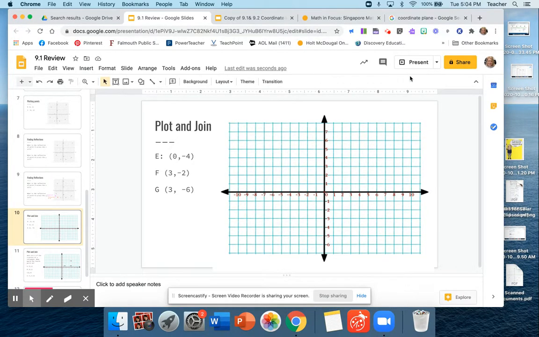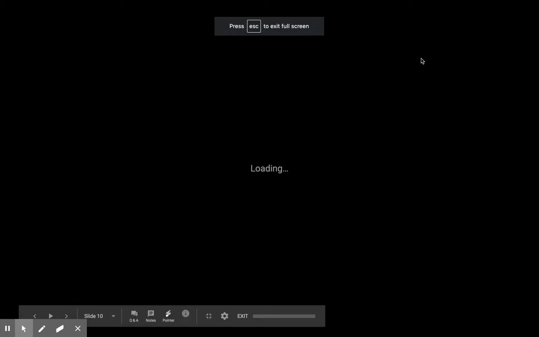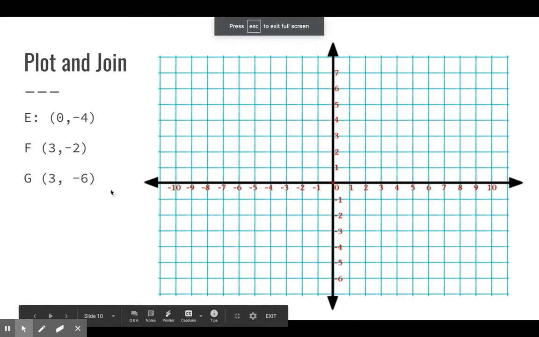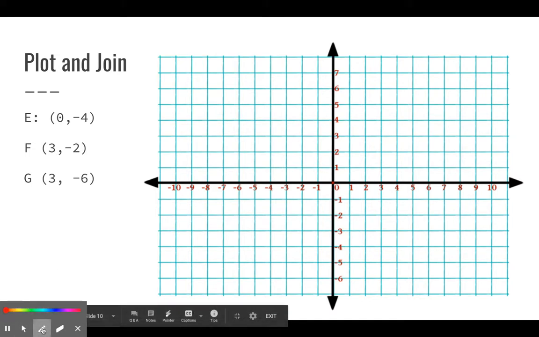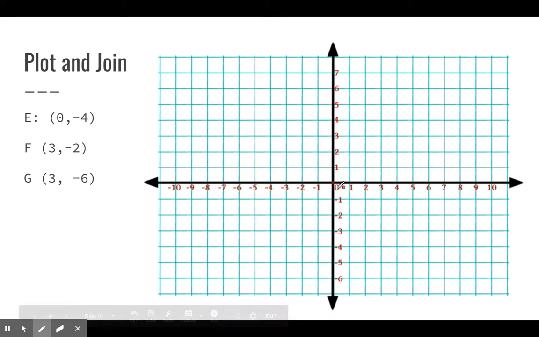So let me bring this back into presentation mode for you. So now we were working on plotting points and joining them. So let's see if we can do this one together. Point E is at 0, -4. So I'm going to go ahead and put my dot E here. F is at 3, -2. I'm going to put F here.